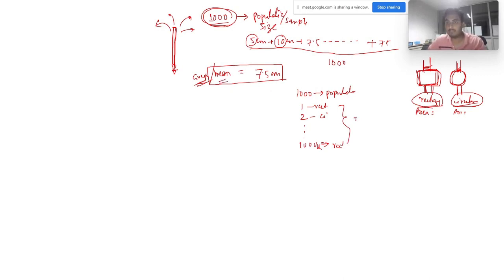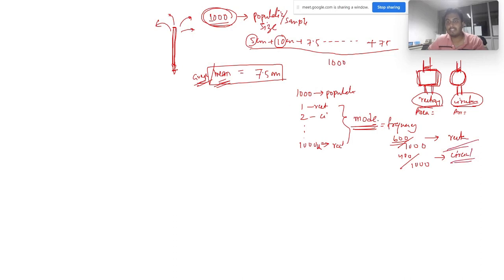What we consider here is something called the mode. Mean is for quantitative data; mode is important for qualitative data. Mode means the frequency. For example, if 600 out of 1,000 people say I like the rectangular watch, that means the mode is 600, because the 400 is less, which is circular.